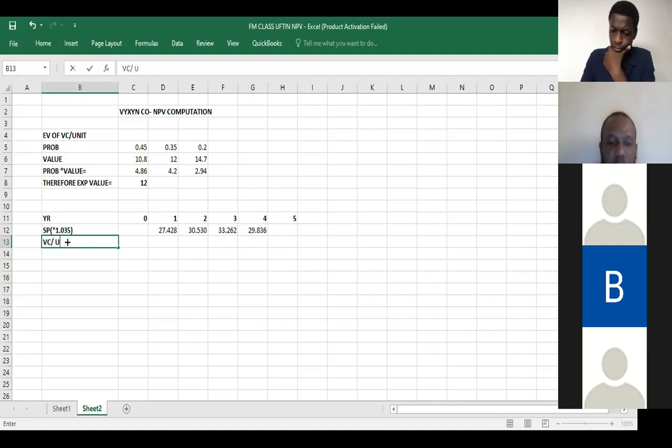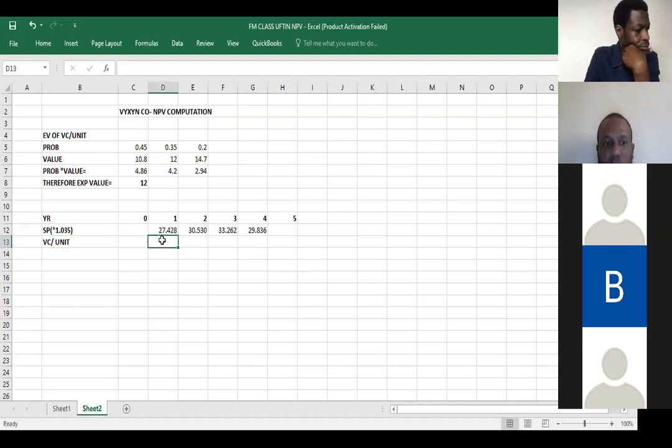So our variable cost per unit, we know is 12, right? Yes. So please remember why you're doing what you're doing, because this is the interesting part. The 12 is the 12 we calculated. It's not in the question. It's the 12 we just calculated. So that's why we calculated that 12. So it's equal to 12.